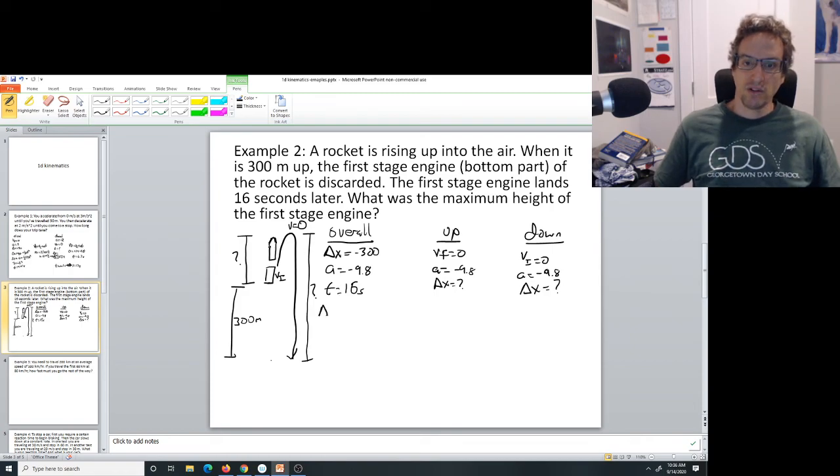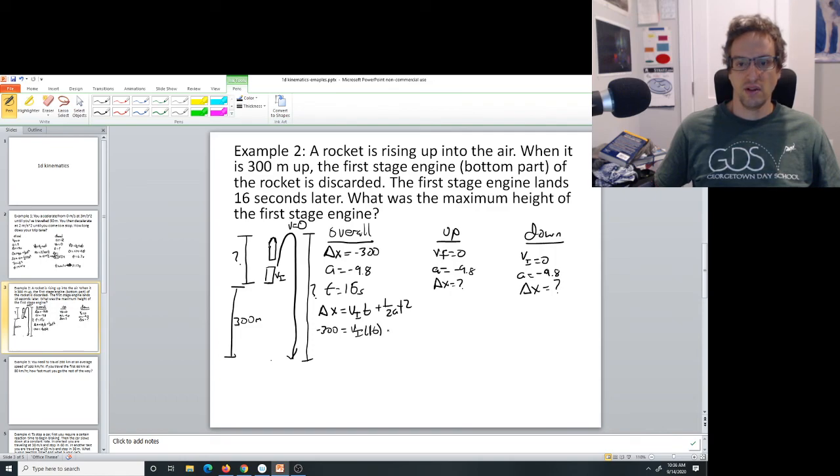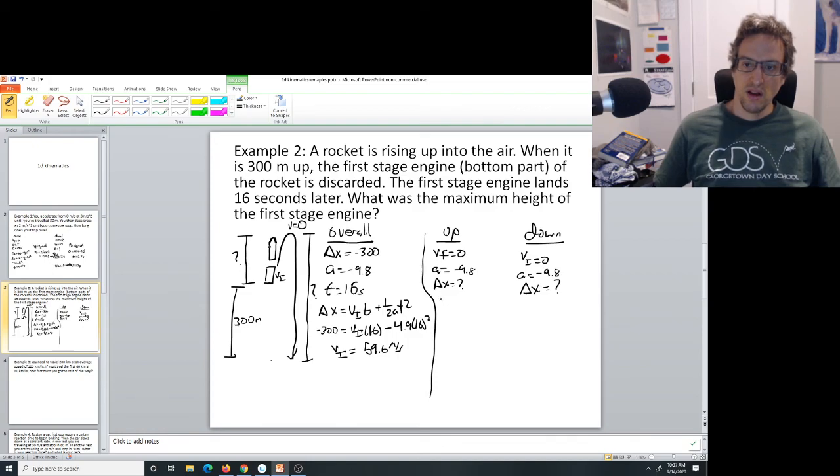So change in x equals v initial times time plus 1/2 a t squared: negative 300 equals v initial times 16 minus 4.9 times 16 squared. You plug that into a calculator and you should get that v initial equals 59.6 meters per second. So now I know that v initial here is 59.6.